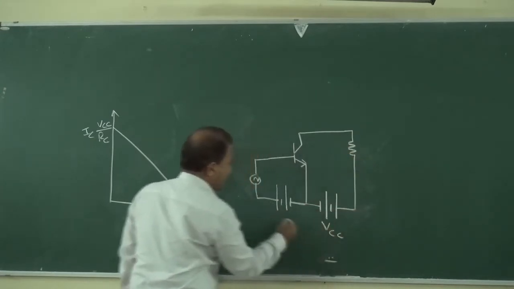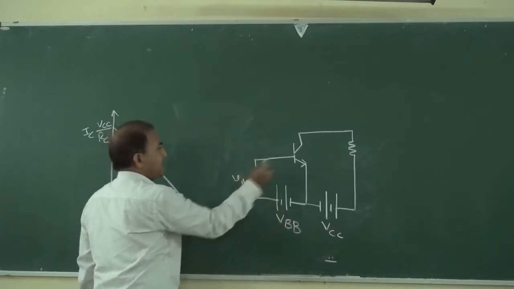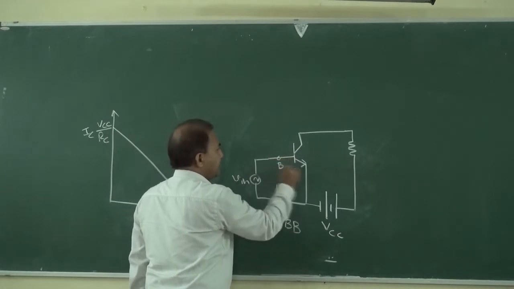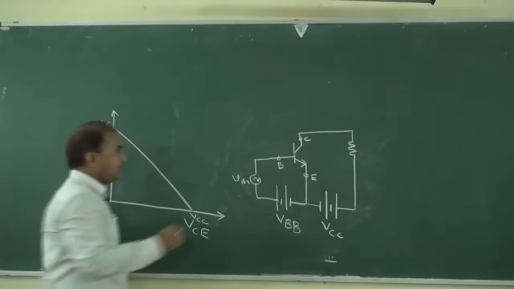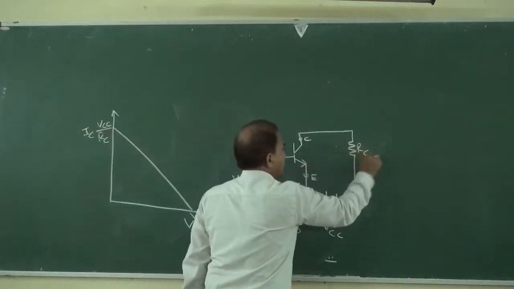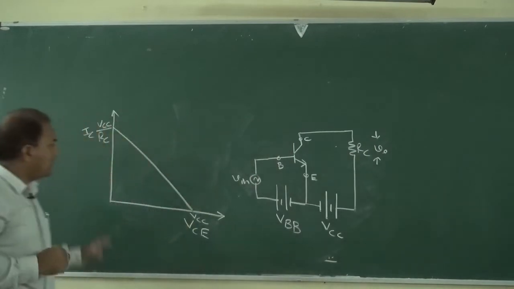This is VCC and this is VBB and this is Vin, and these are the base terminal, emitter terminal and collector terminal, and this is RC. V output we are taking across RC.